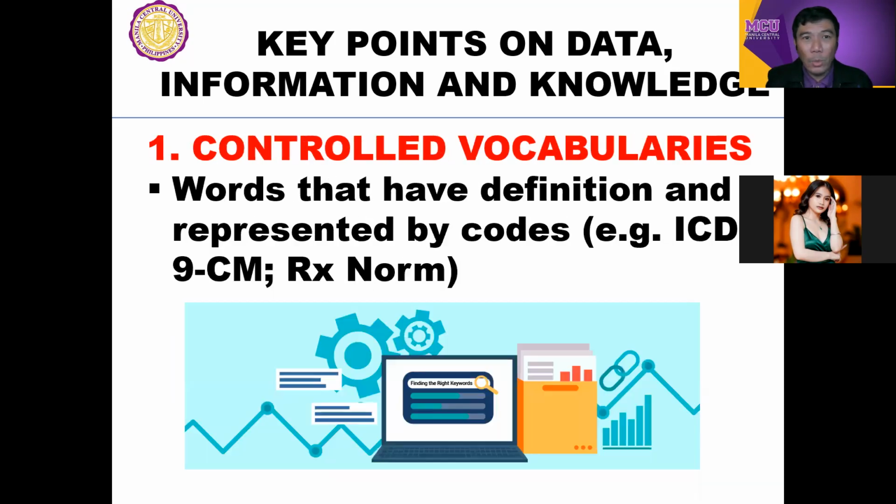So if we will go back to these key points, controlled vocabularies are those words that already have codes but clear to us. Yun nga lang kasi for other courses or other programs, they may not understand this if they are not in the allied health science. But for those in the allied health science, they can understand it.